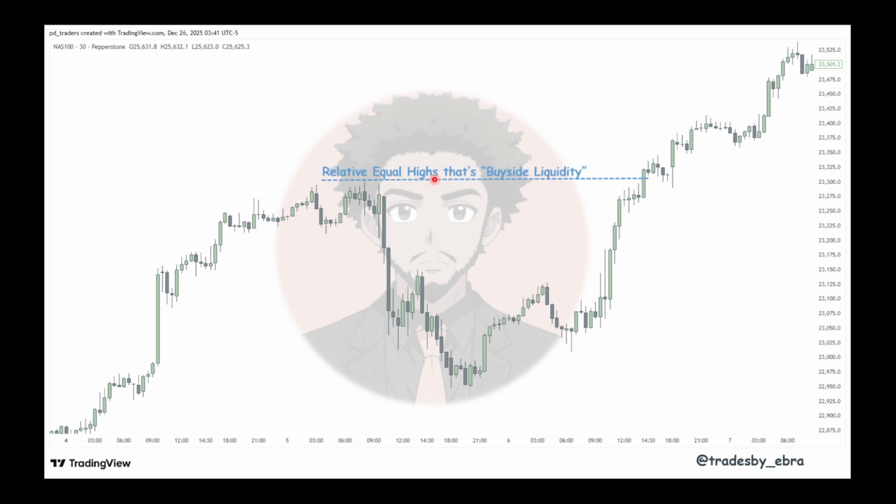Relative equal highs, that is buy side liquidity. A person who took a short position is putting their stop losses on these highs. So that is money, that is liquidity. Smart money is going to come back and take out that money, that liquidity, and those orders, because a stop loss is an order.